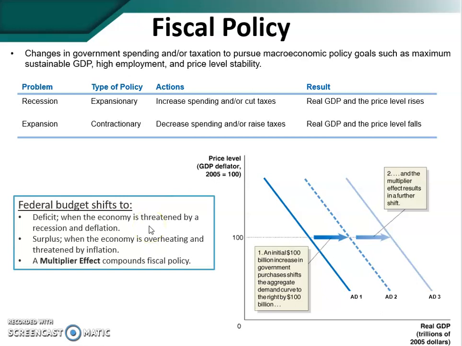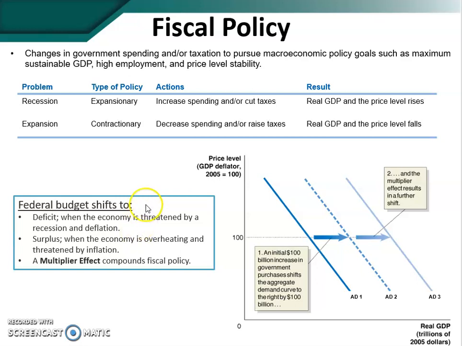Because they want to put more money in the economy, that is, spend more and cut taxes. Well, that is inherently deficit creating. If the government spends more and reduces taxes, then they're going to have to borrow the difference. So expansionary fiscal policy usually necessitates deficits.